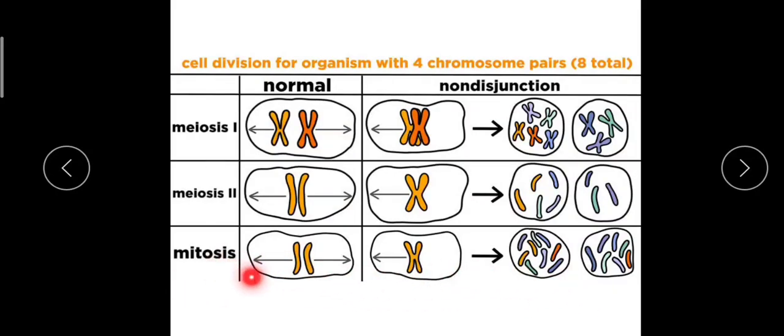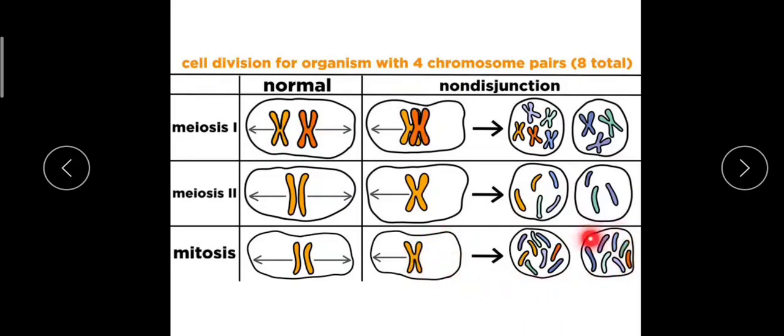And if non-disjunction occurs in mitotic division, it is the same as meiosis 2. In mitotic division also, the sister chromatids are separated during anaphase. So if non-disjunction occurs, both the sister chromatids move to one of the daughter cells, and one daughter cell will receive both the sister chromatids of this orange colored chromosome, while the other daughter cell will not have the representative.